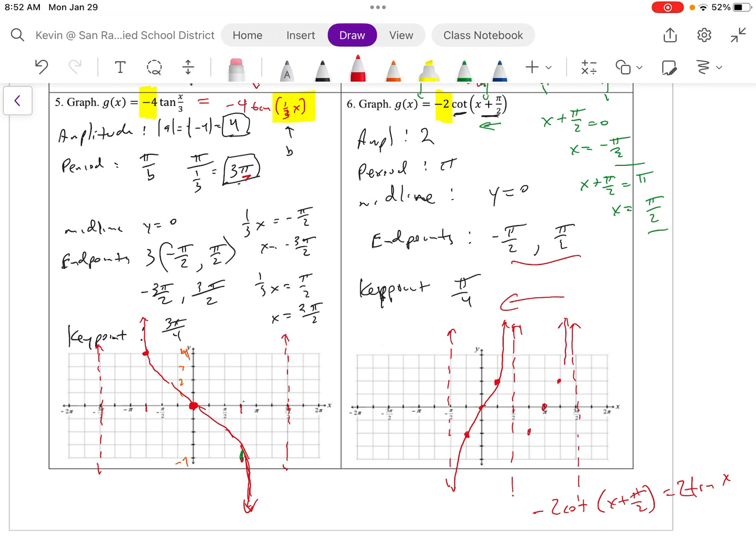Here, up 2, down 2. We can come over here, draw another one, just if we're drawing multiple periods. 1 period, 2 periods, 3 periods, and so on.